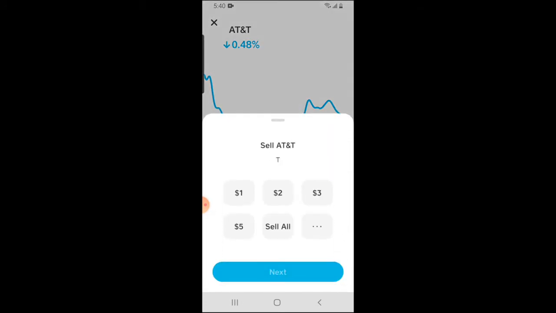I can click on sell, and then I can sell my shares for a particular amount. Funny thing about these suggested amounts is they're based on how many shares you actually own. I find that kind of interesting. So you don't see anything above what I own, which is around $6. I'm not going to do it, but if I wanted to sell all, I'd click on sell all, then click next and move forward with the transaction.